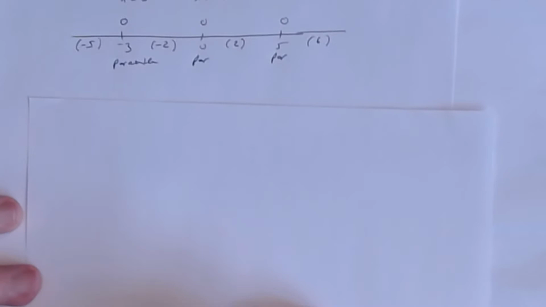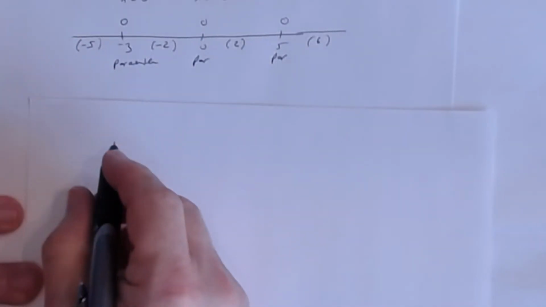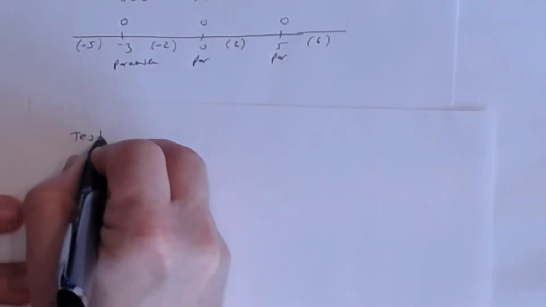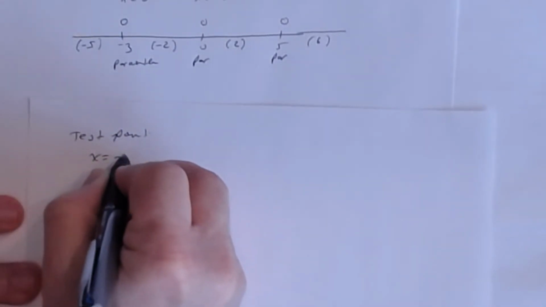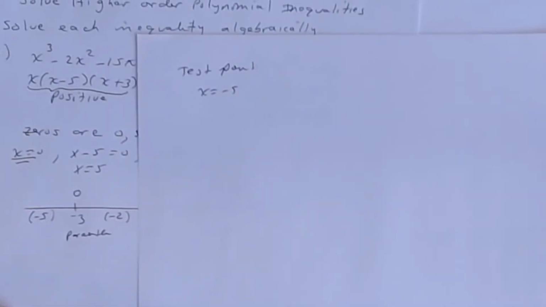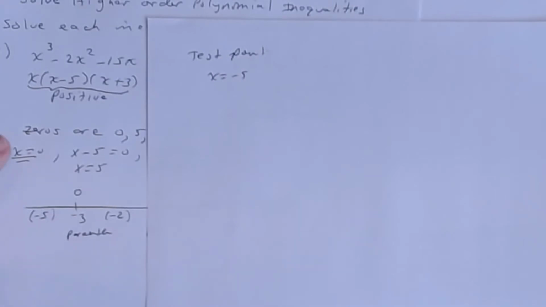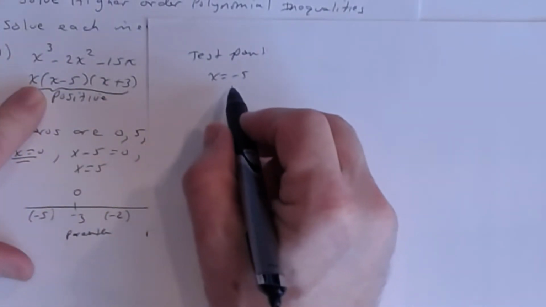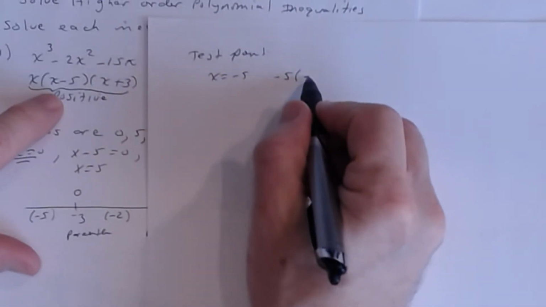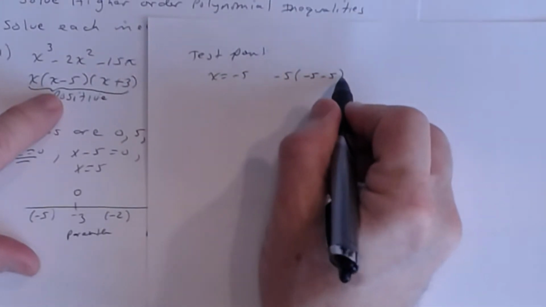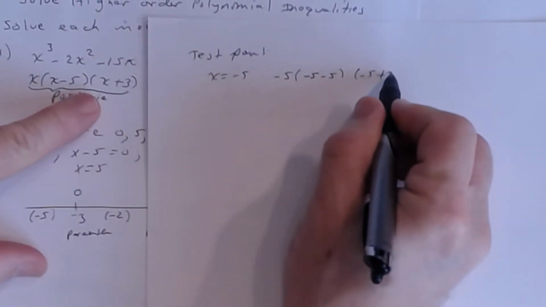Okay? All right, so let's go ahead. The first one I'm going to test is the test point x equal -5. So I'm going to go back and put that in the factored part. So here's my factored part here. When x is -5, I get -5 times -5 minus 5 times -5 plus 3.